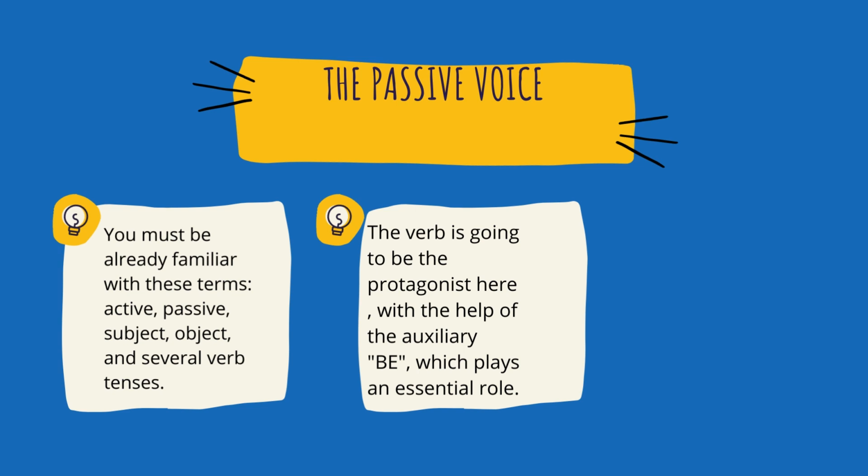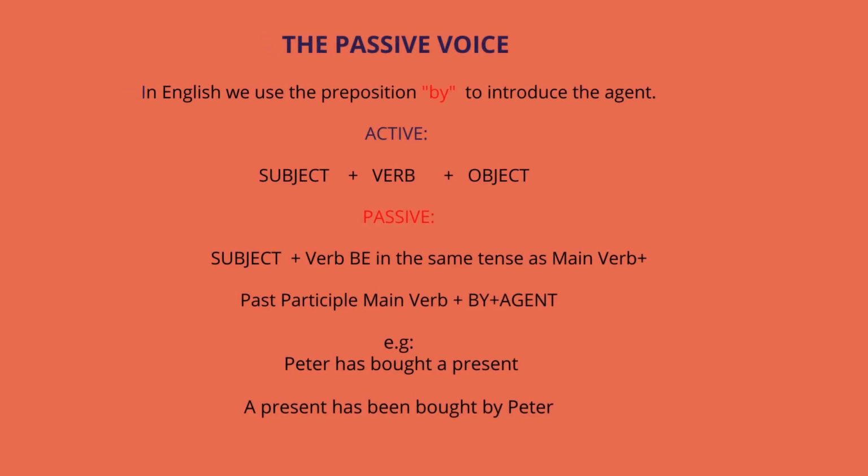Okay? Good. So now we move on to the structure of the passive voice. In English, we use the preposition by to introduce the agent. So here we've got the structure. In the active voice, we can find subject plus verb plus object.